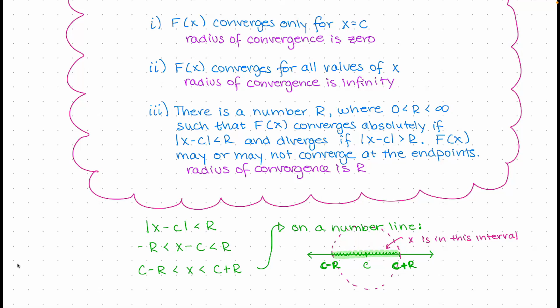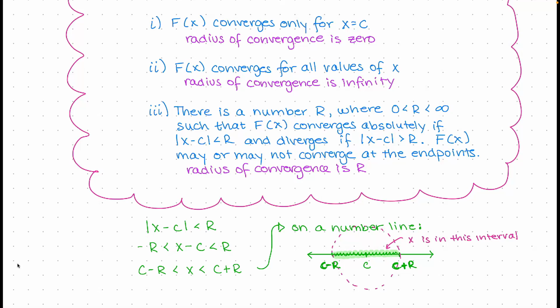So maybe number one says it only converges when you're actually at c. Well, if we can't go plus or minus anything, if we have to only be at c, then the radius is 0. Or maybe it actually converges for all values.